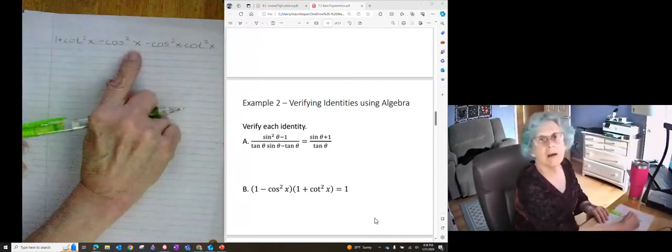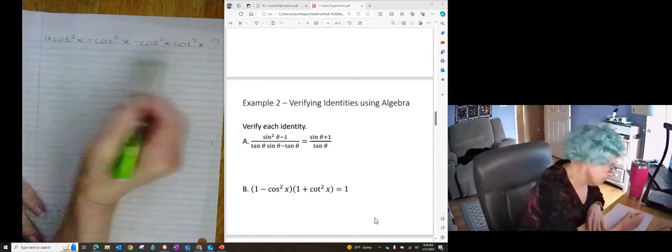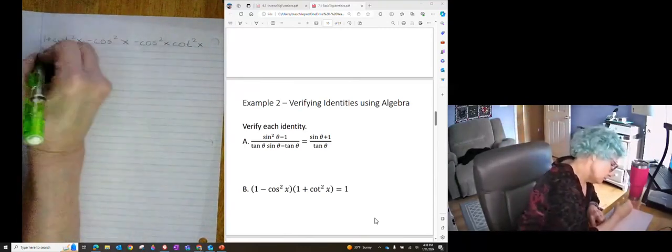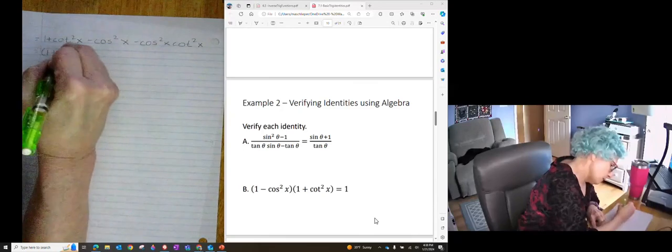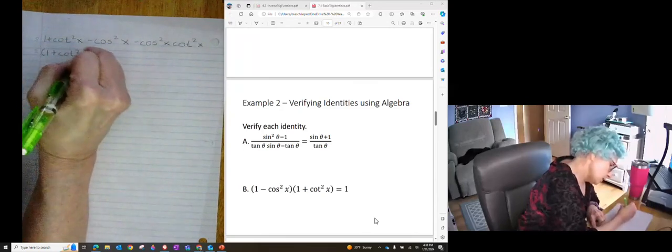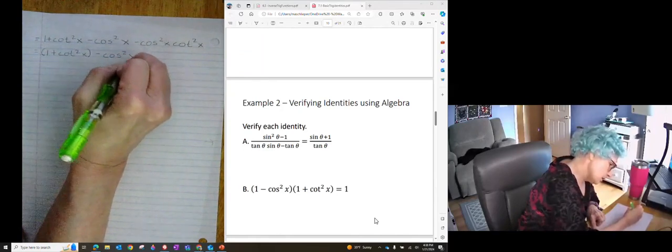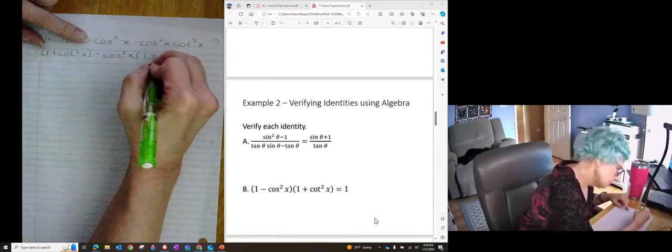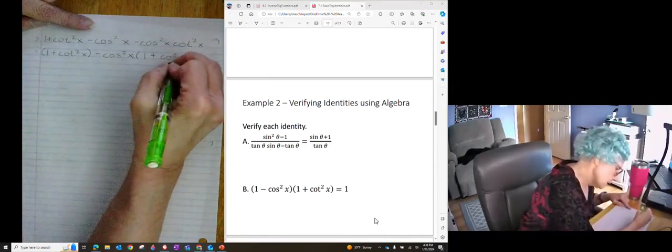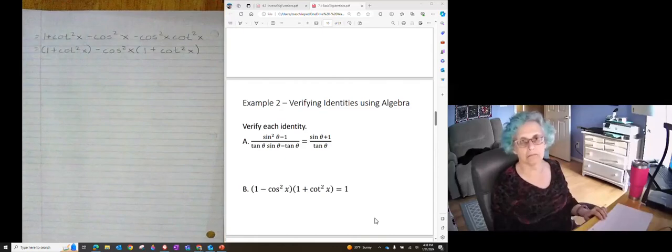Because now I'm thinking I want to try factoring by parts. So I have 1 plus cotangent squared of x minus cosine squared of x times 1 plus cotangent squared of x.